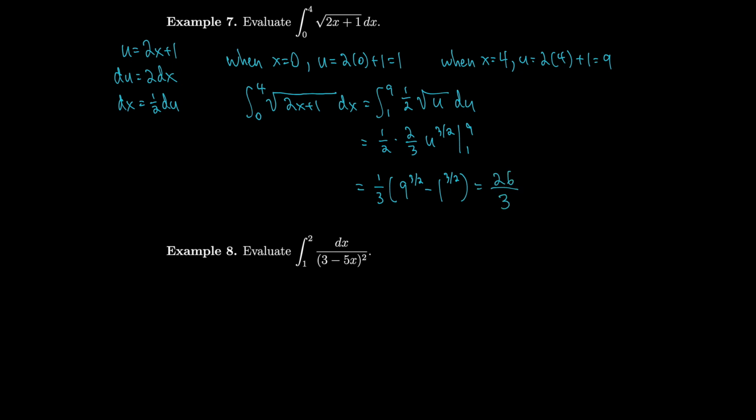Notice we did not have to go back in and replace u with what u is equal to, because we changed the limits, we could just plug straight in as if we had a new integral in terms of u. One of the advantages of definite integrals versus indefinite integrals.